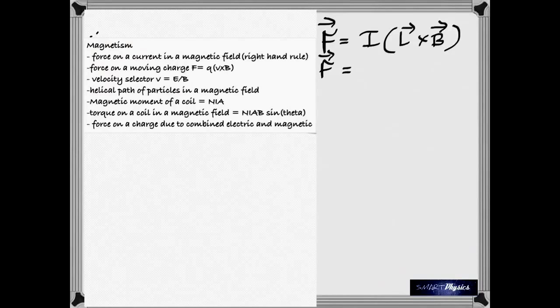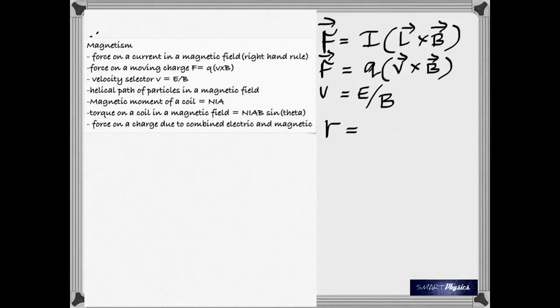Alright, so force on a moving charge, Q V cross B. V is the velocity, B is the magnetic field. It's a maximum when the particle is moving at right angles to the magnetic field. Velocity selector, I said that before, E by B. If a charged particle moves through a magnetic field, the radius of the circular path it takes is R equals mv by qB.